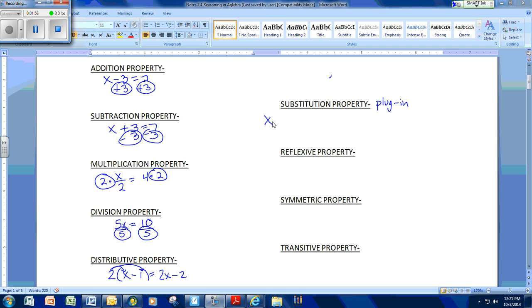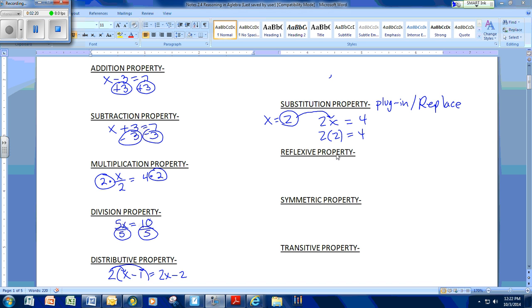So let's say x was 2 and we had 2x equals 4. I could take that 2 and plug it in for that x. I can replace it. So any time you plug something in or replace, that is the substitution property.